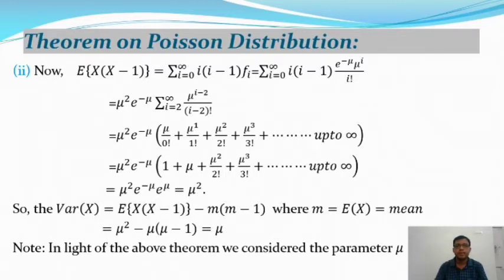Here f(i) in a Poisson distribution is e to the power minus mu into mu to the power i by factorial i, and therefore this summation reduces to the summation over i equal to 0 to infinity of i into i minus 1 into e to the power minus mu into mu to the power i by factorial i. After cancelling the term i into i minus 1 in numerator and denominator, the factorial i will give i minus 2 factorial. Here i factorial is equal to i into i minus 1 factorial, or i into i minus 1 into i minus 2 factorial.